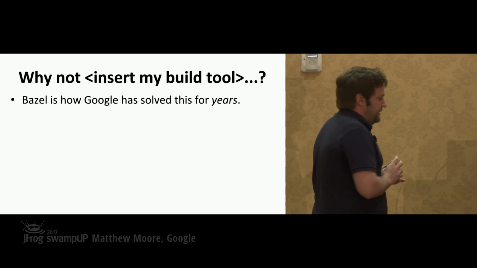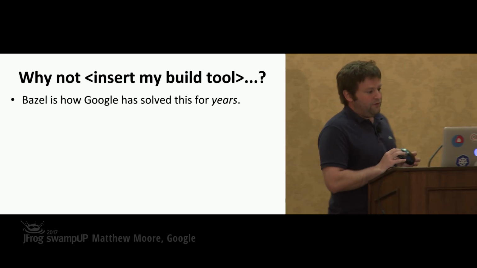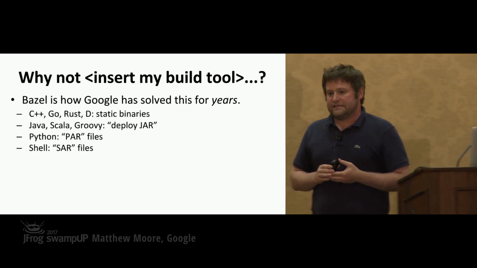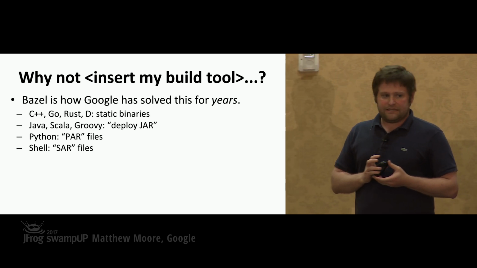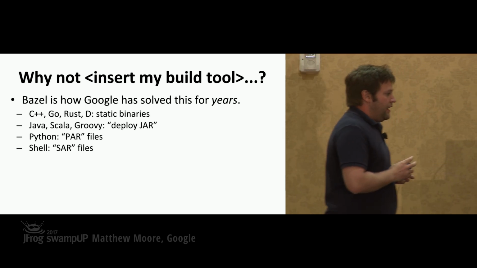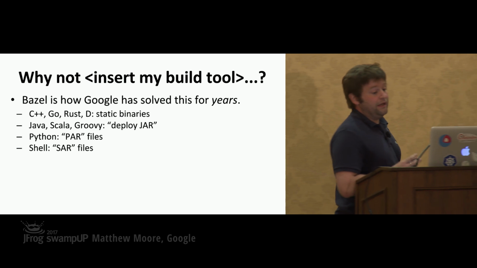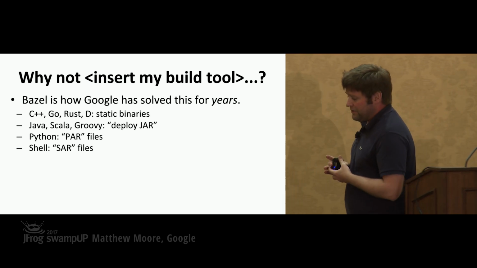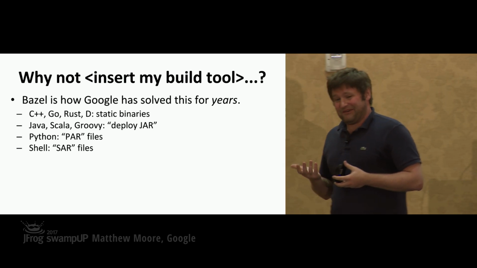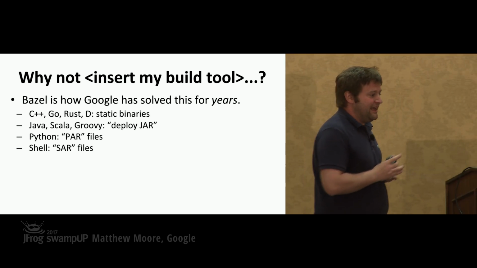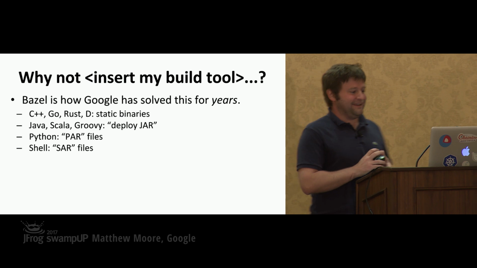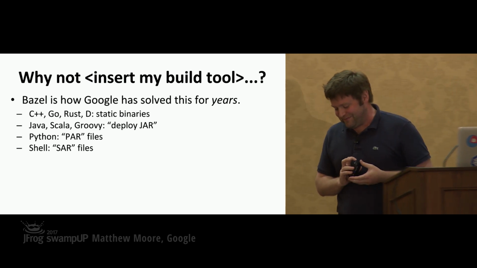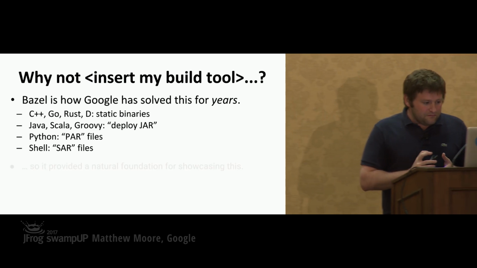We solve it by statically linking at the language level, right? So for languages that compile to static binaries, we compile to static binaries. For languages that target the JRE, we produce what we call deploy jars. For Python, we have Python archive files, PAR files, and we even have, and I wish I was kidding, SAR files.